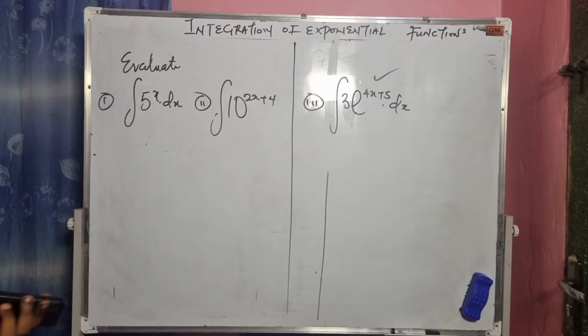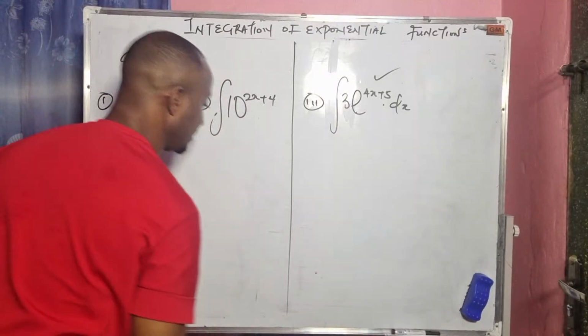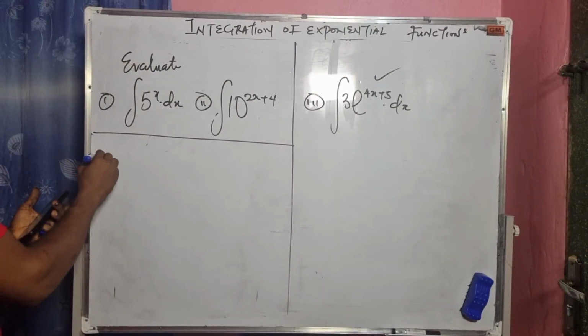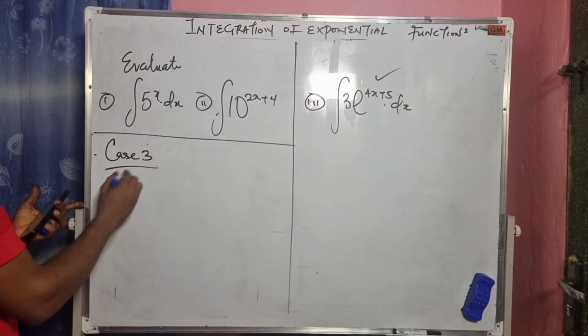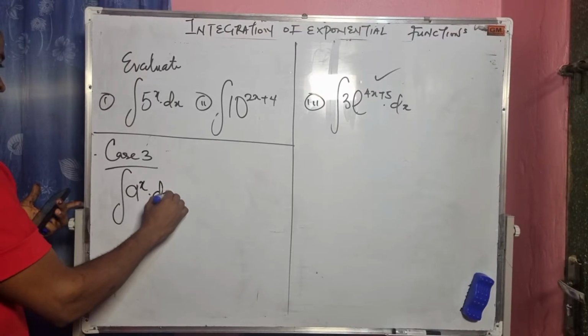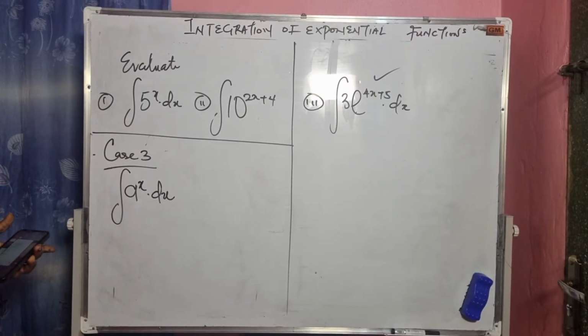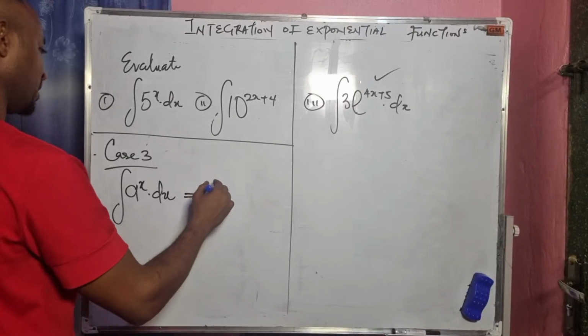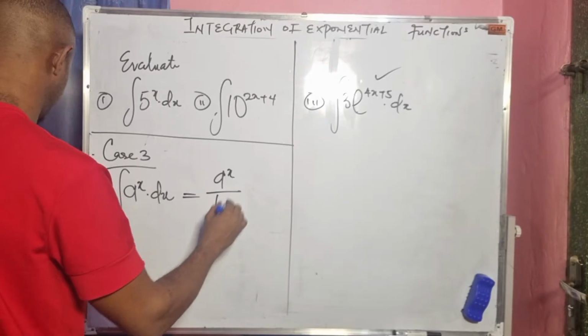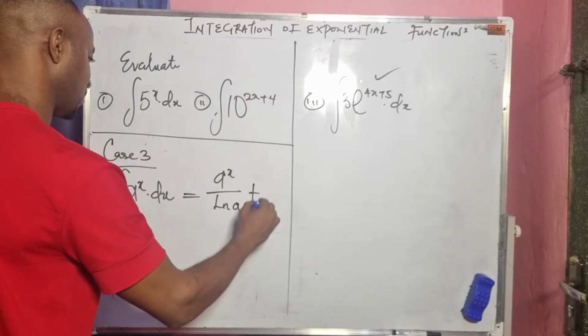The only question among these that we have not really seen the form of is this one. Now, there is a case I want to show us. We have seen the first, second, and the third case. Case 3 says the integral of a to the power of x dx is equal to a to the power of x divided by ln a plus c.